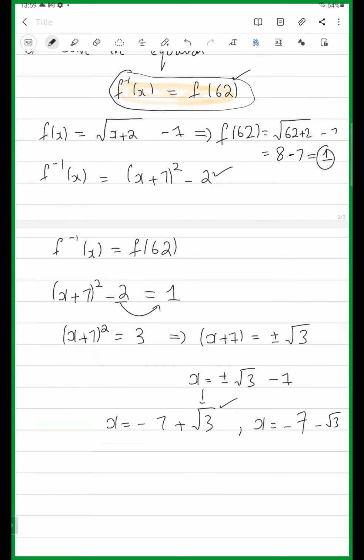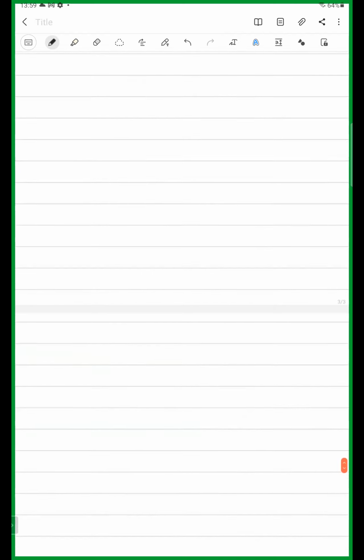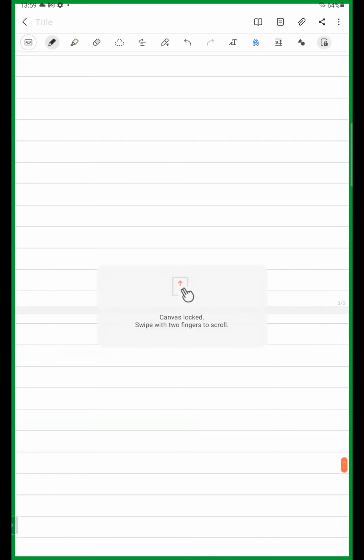Let's talk about the second one. That's where we will be using the properties. Okay, let me just write down the question. It's question number 2.